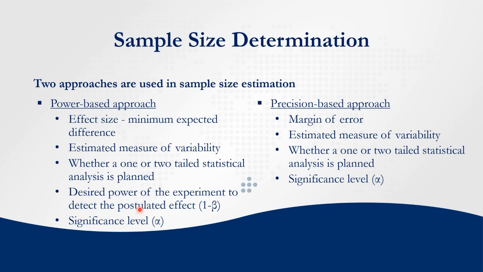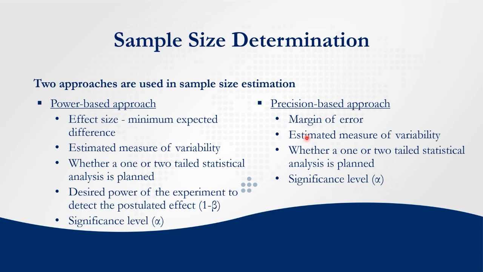If you're following the power-based approach, we use this effect size, which is the minimum expected difference. We will elaborate. I spoke about measure of variability, whether it's a two-tailed or one-tailed, and the power; you need to specify the power and the level of significance.